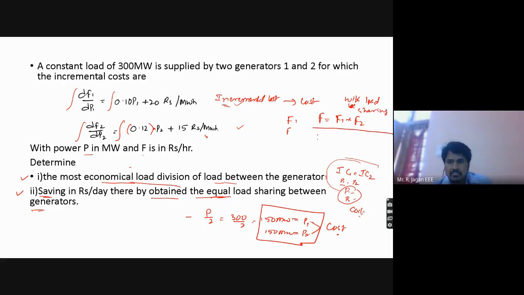Next, you get F1 plus F2 by substituting the equal loads, 150 megawatts, P1 150, P2 150. Getting F again. Subtract these two values. You are going to get the value that is nothing but the saving. Getting the point or not, Babu?